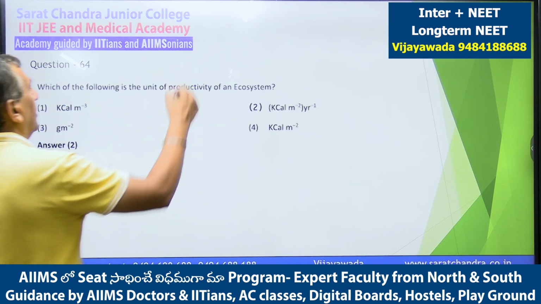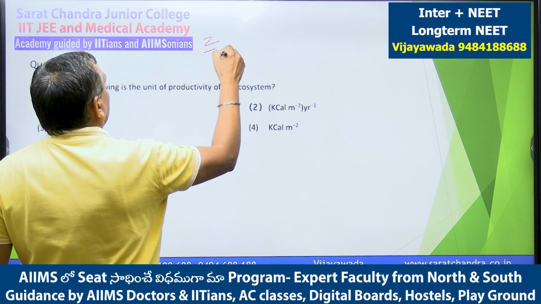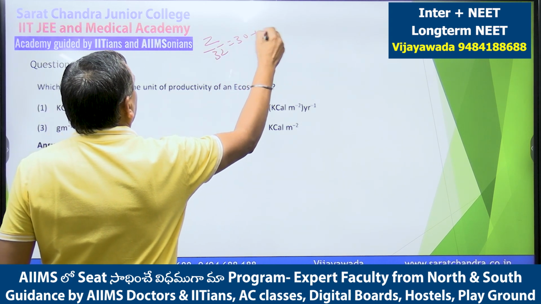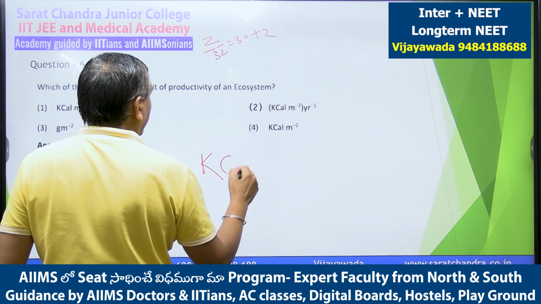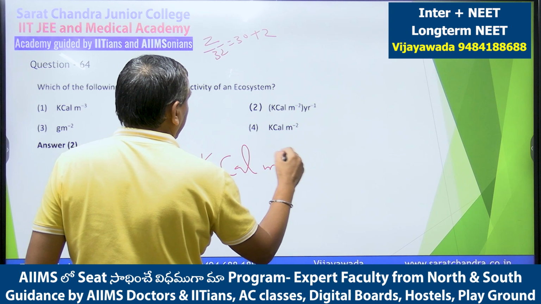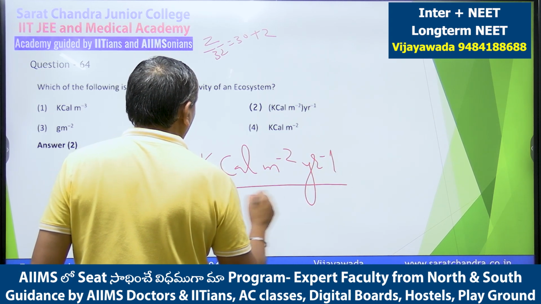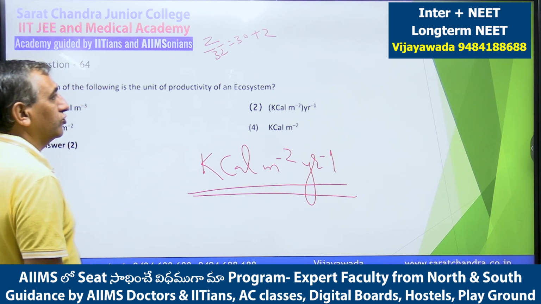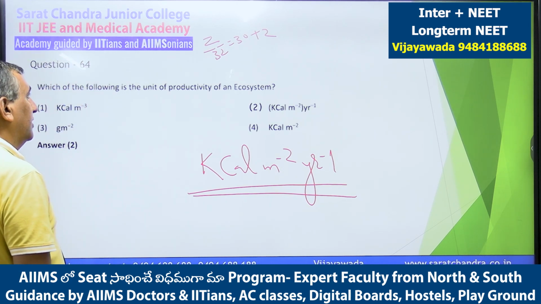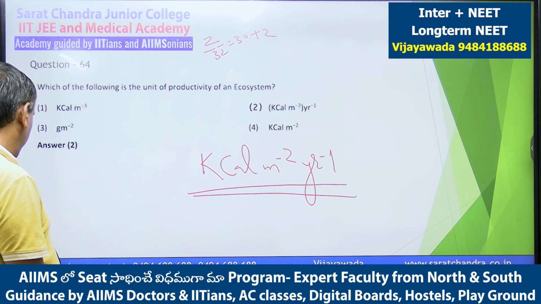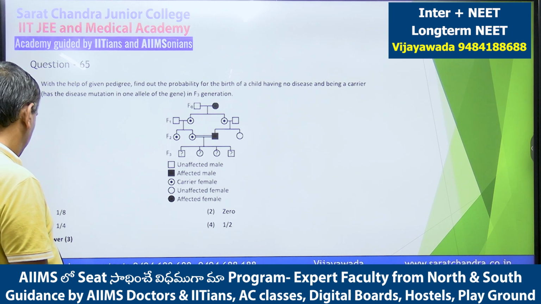Now Zoology 32, 30 plus 2. Kilocalorie per meter square per year is the unit used to measure and compare the productivity of two different ecosystems. Clear?